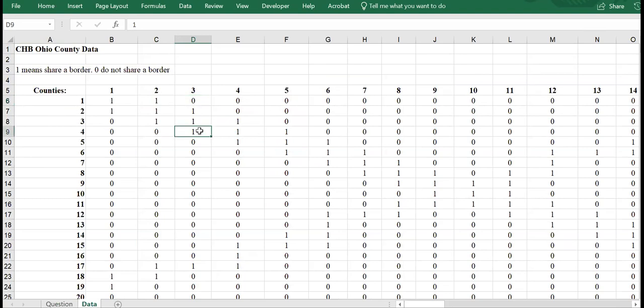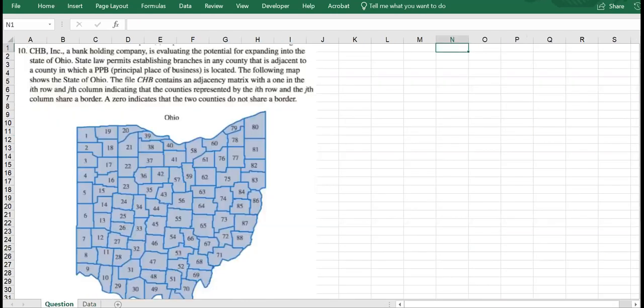For example, this 1 means that counties 4 and 3 share borders, so 3 and 4 are neighbors. And this 0 here means 4 and 2 are not neighbors. That's how we read this matrix.